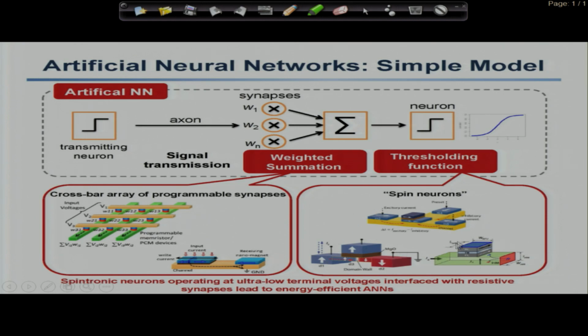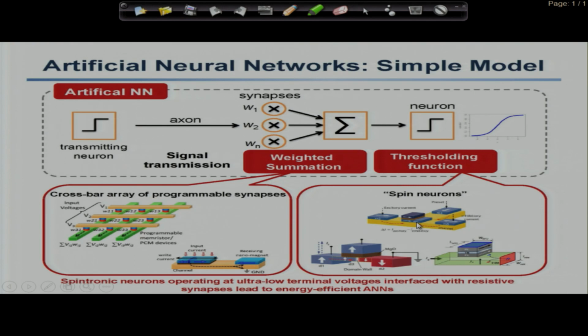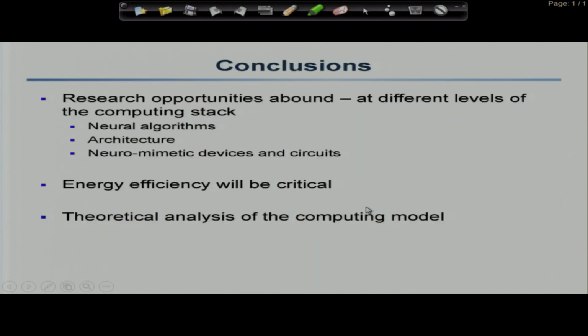Using these spintronic devices at the device level itself, you can have the memory options, so that it can store, just like the neurons which store the situation. The same thing you can put in the device level with these spintronic devices.